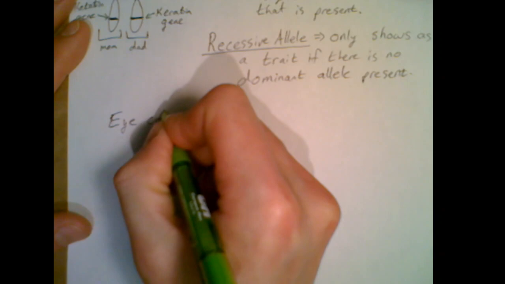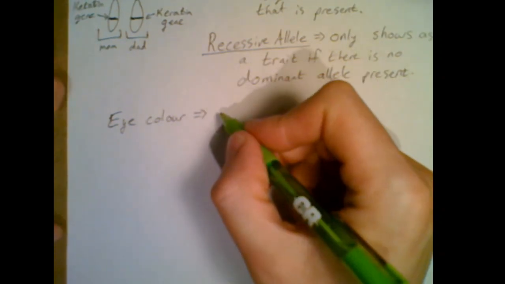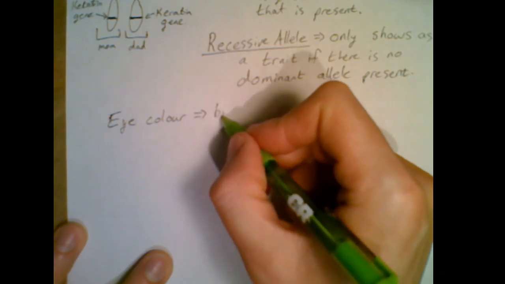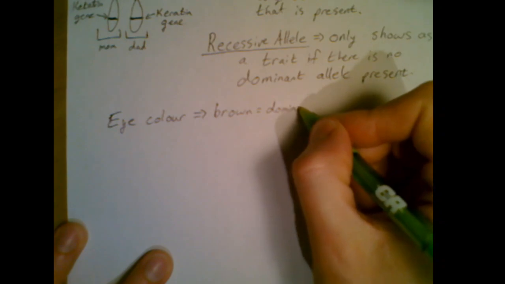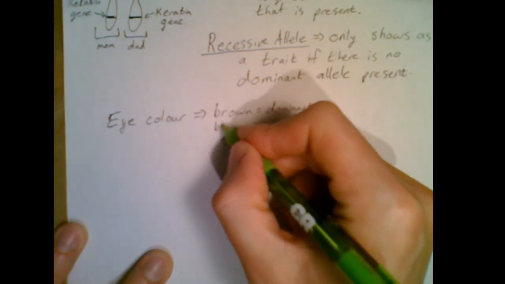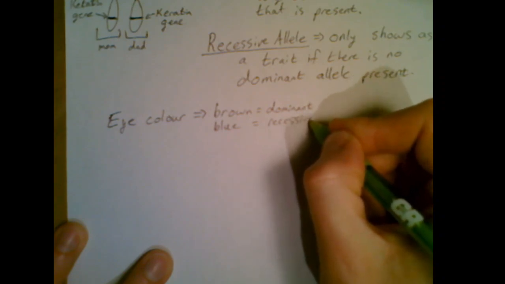We're going to say for eye color that brown is dominant, and blue is recessive. Okay, so we're totally going to oversimplify a lot of DNA as we do this, because you know there's not just two eye colors. There's not just brown and blue. There's a whole range of eye colors.